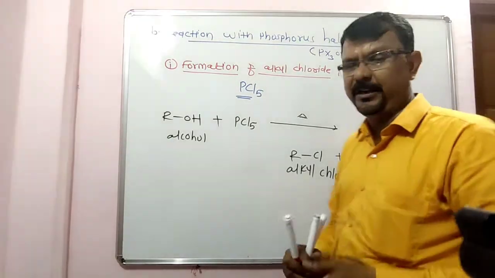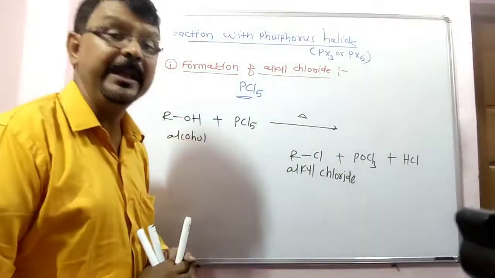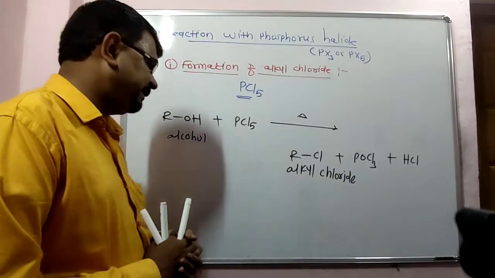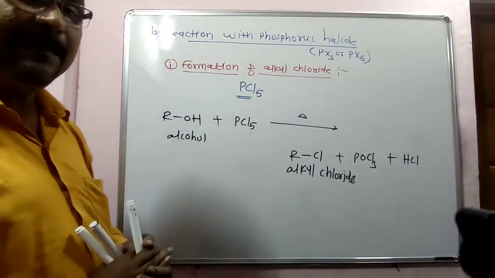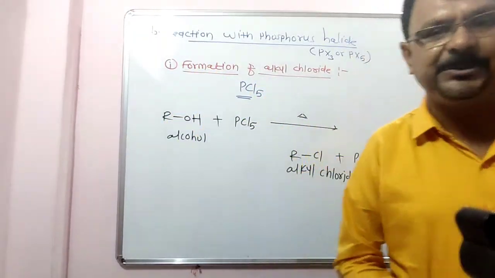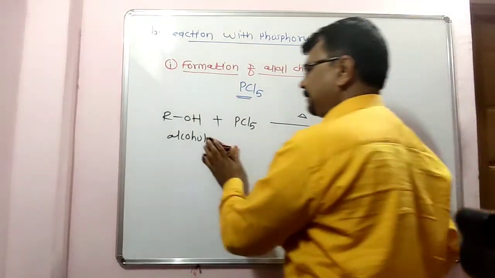This is the general reaction. When alcohol is heated with phosphorus pentachloride, it gives the corresponding alkyl chloride. Type of reaction: nucleophilic substitution reaction.